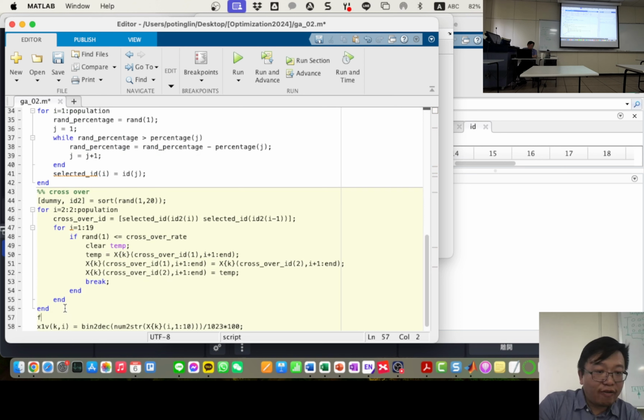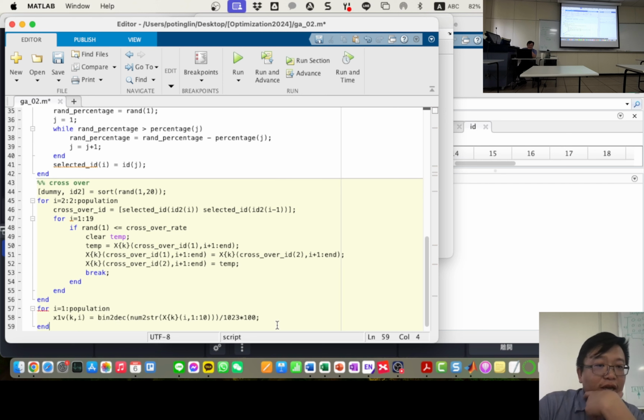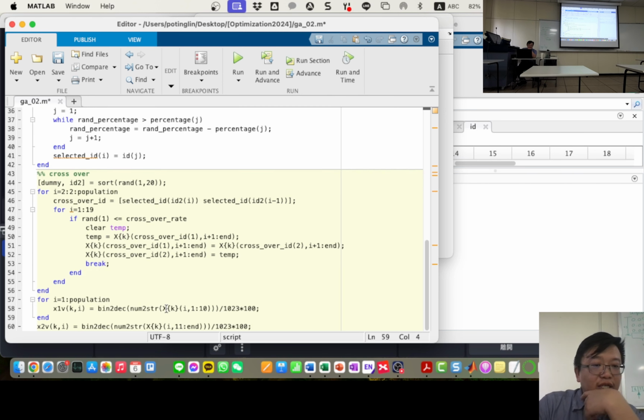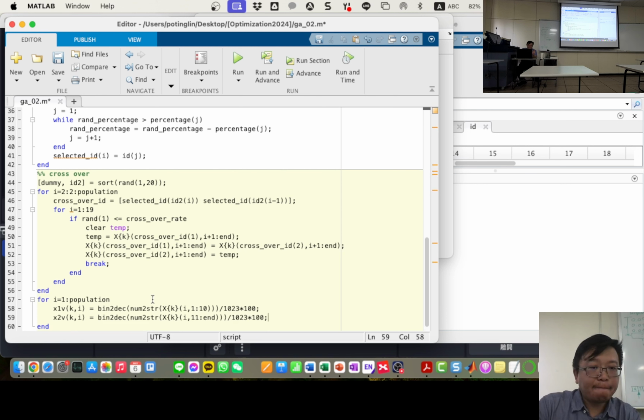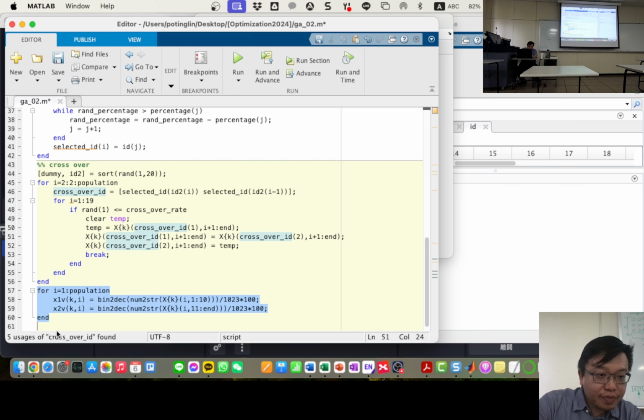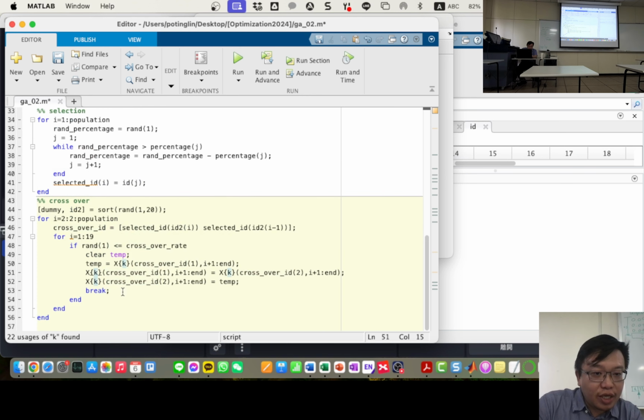So now you will have a for loop from 1 to population. And actually what we can do is over here, we directly name those cross.